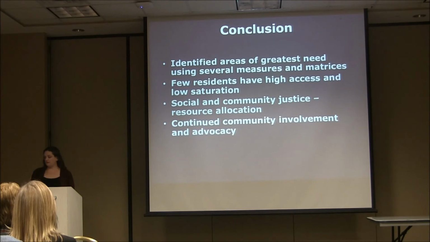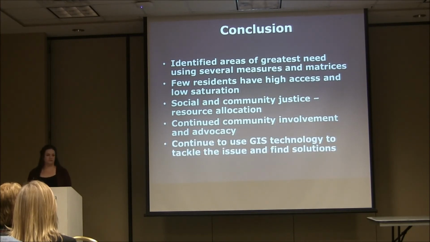And I think continued community involvement and advocating for the people living in this area is going to be really important. And of course, using GIS to continue to tackle this problem and try and find solutions.